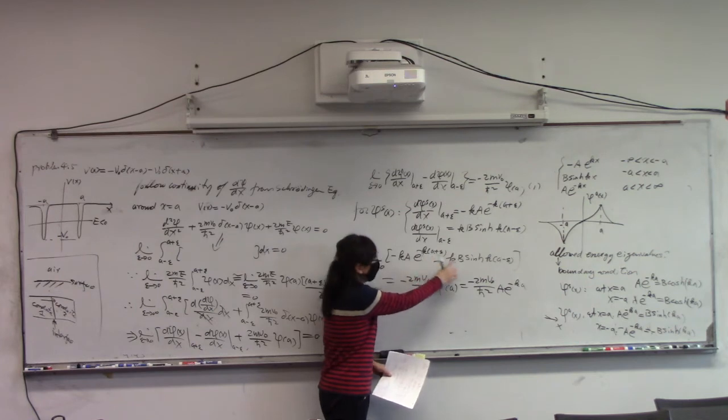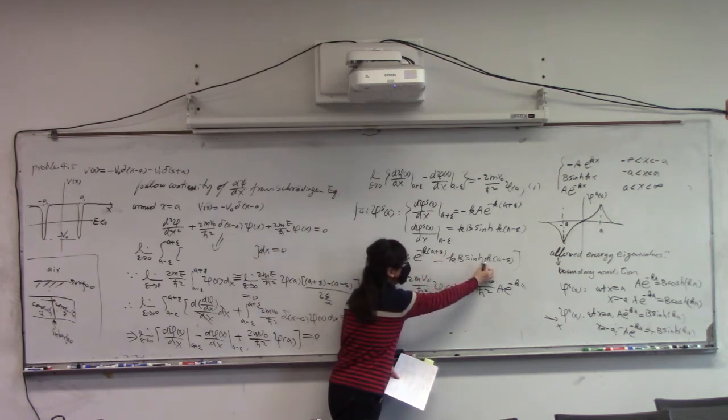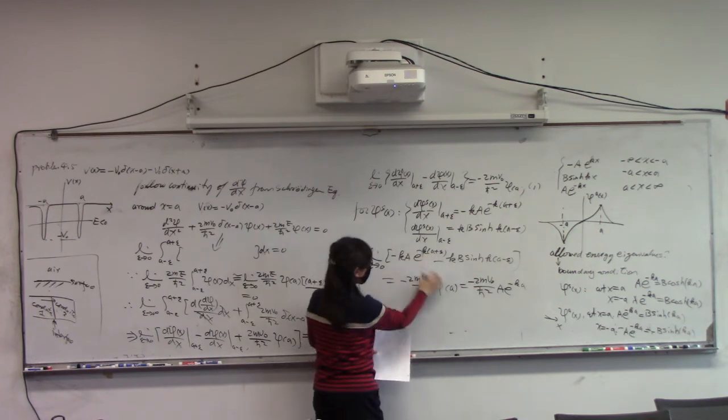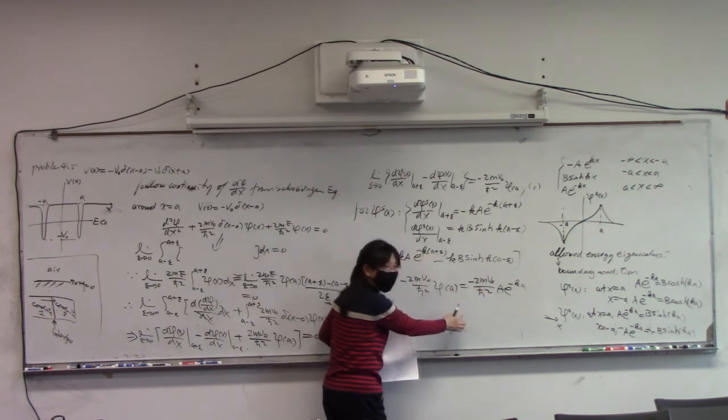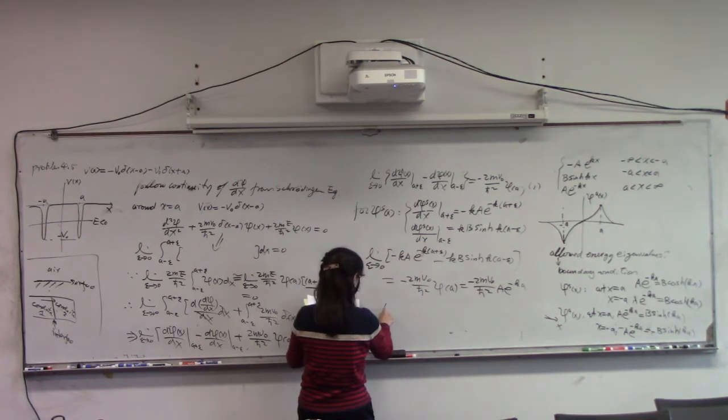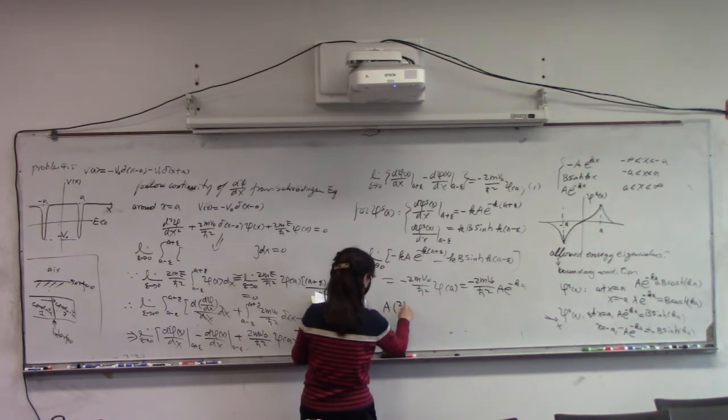Minus ka. This one is hyperbolic sine ka. This term go to 0. Then you have this term similar with this term, but you have a coefficient different. So I'm going to organize this one. Finally, I have this formula.